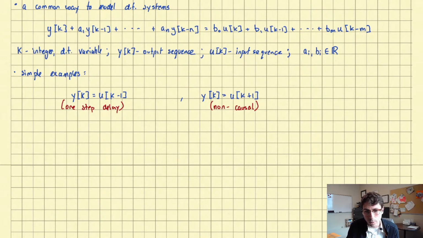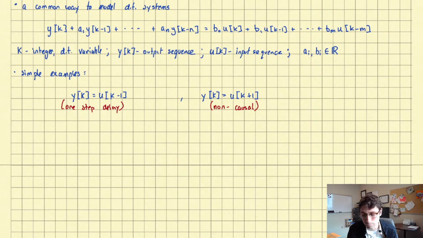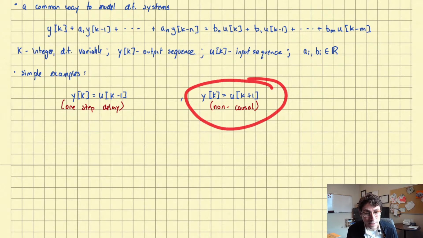In this course, we will not study non-causal systems because we are doing real-time control. Our controllers have to process information in real time. They don't have future information. If you're doing a digital signal processing course, where you take information offline and process it offline, then you can consider non-causal systems. But for us, we're going to focus on causal systems. So again, this is not an instance of the above.